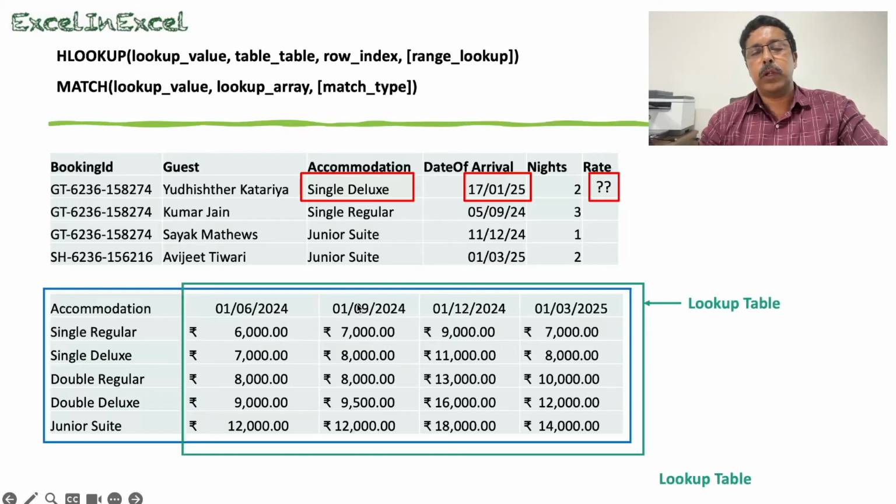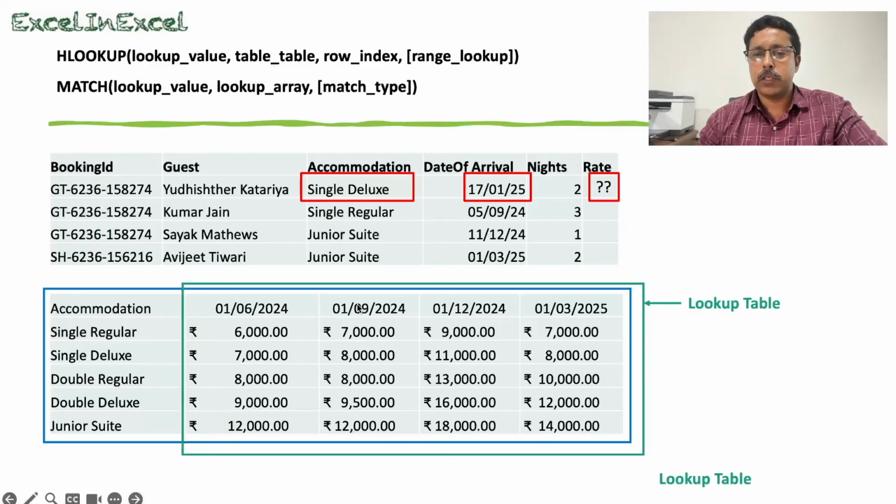So what happens now is this: look at this date. This is 17th January 25. So the question will be asked again, as we had discussed in the previous episode. When HLOOKUP works, it will ask: is 1st June 24 greater than 17 January 25? The answer is no. So the second question will be asked: is 1st September 24 greater than 17 January 25?